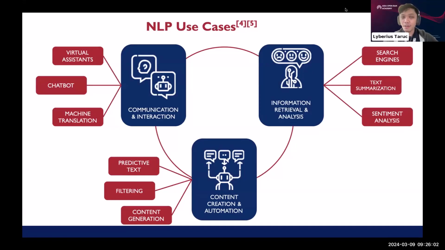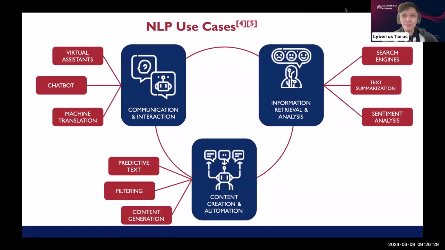Okay, and lastly, the last use case for NLP would be information retrieval and analysis. There are also subfields or use cases where we can use NLP, some of which would include search engines, text summarization, and finally sentiment analysis. The first two you're already familiar with, such as search engines and text summarization. In fact, you're using one right now if you're trying to Google something on the internet, right?